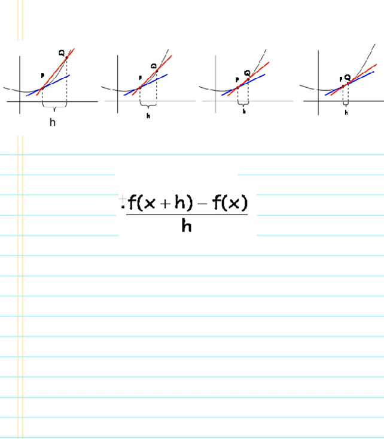So instead of saying h equals 0, what we're going to do is write in words this: LIM, which stands for limit, as h gets infinitely close to 0, of this slope of the secant line. Again, looking at the picture, the closer h is to 0, the more like a tangent line it becomes, and this formula is our slope of a secant. Putting that on there is the derivative, f prime of x.